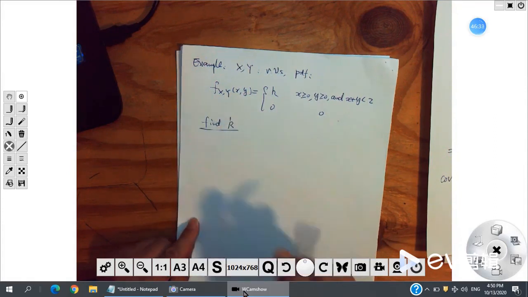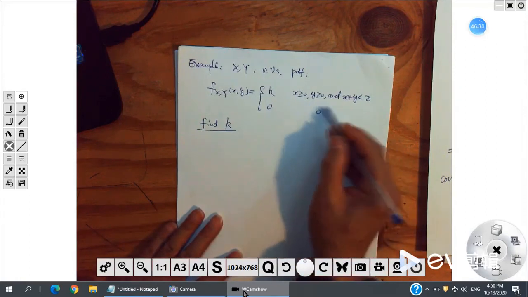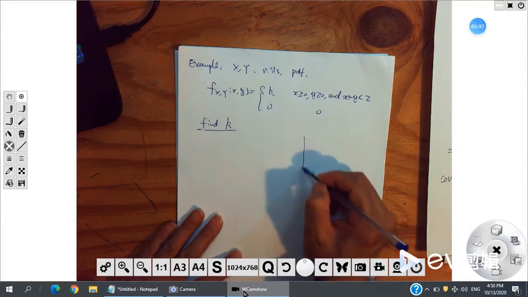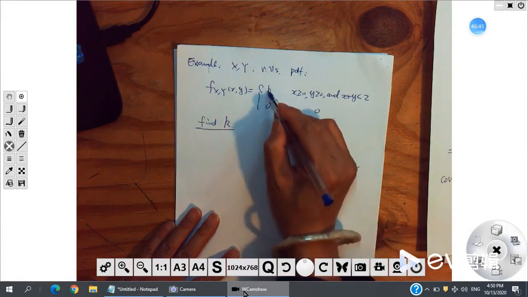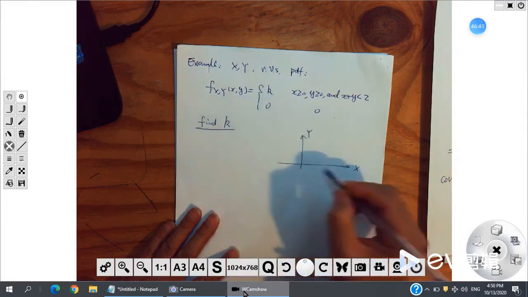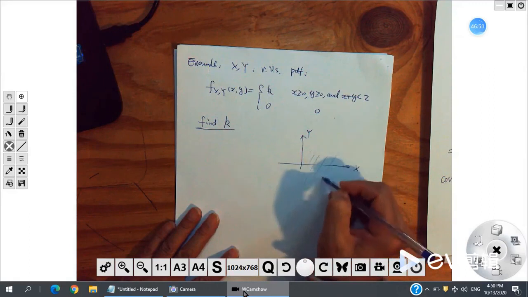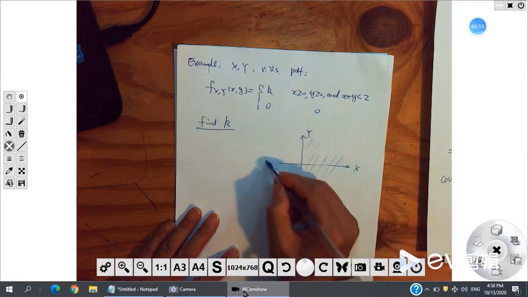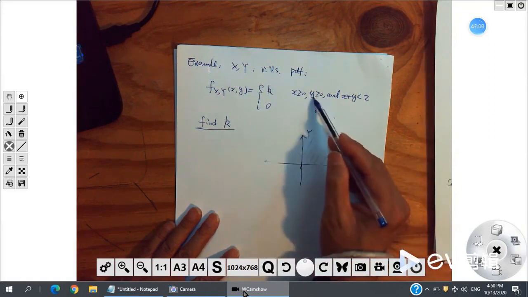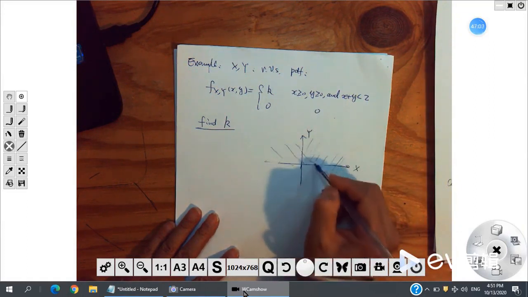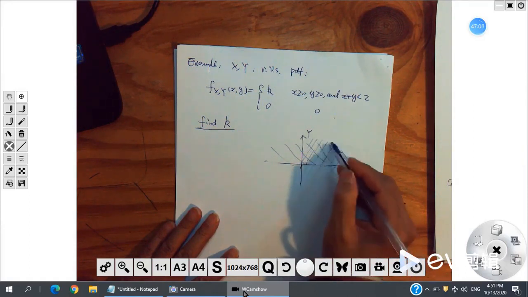Can we find this k? Okay, so for this one, of course, you want to know what the sample space is, right? You give a graph here. This is x, this is y. For non-zero probability density, we need x to be positive. This is this side, right? On the other side x will be negative. And y is also positive. So the common area is here.